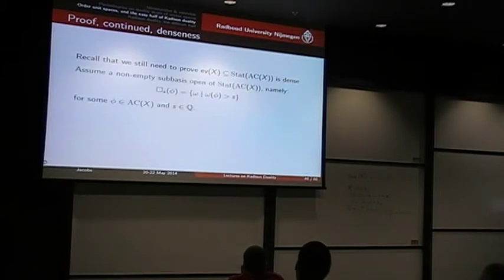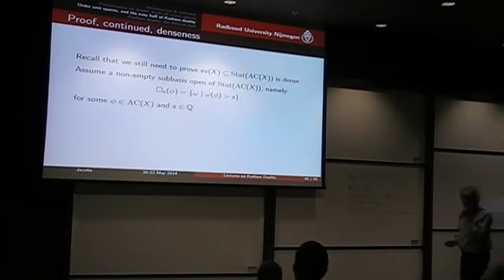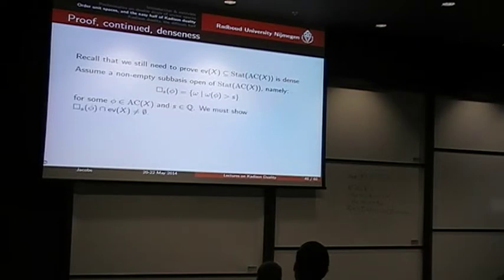So I take a non-empty open subset here, and as I showed before, it can be described in this box form as the set of omega, the set of states, such that omega phi is bigger than s, for some phi here and some rational number s. We have to show that the intersection of this with the image here is non-empty.